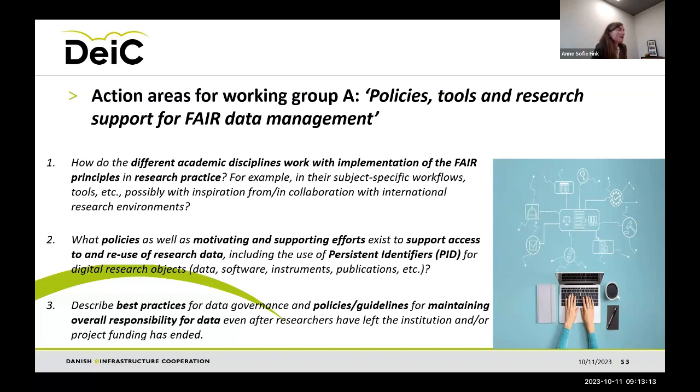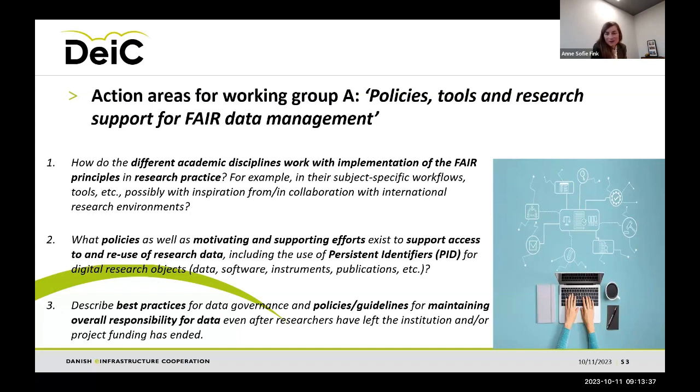The second area this group will look at is what policies, as well as motivating and supporting efforts, exist to support access to and reuse of research data, including the use of persistent identifiers for digital research objects.